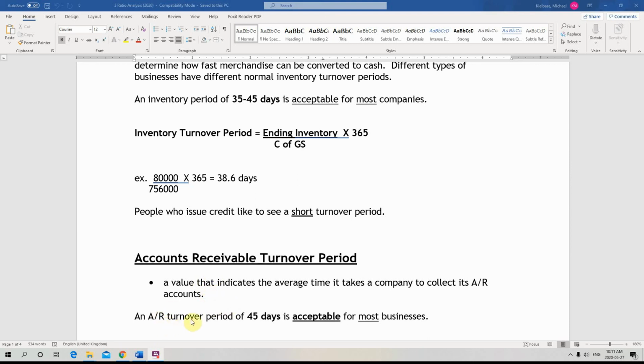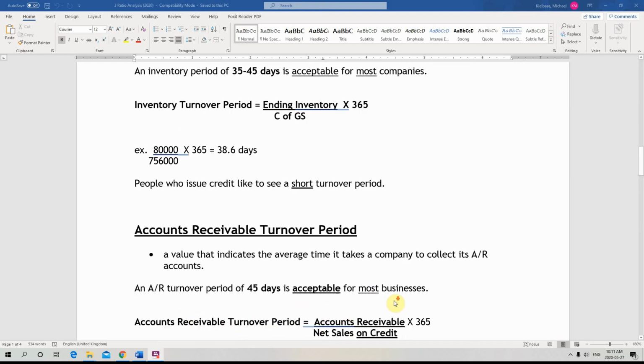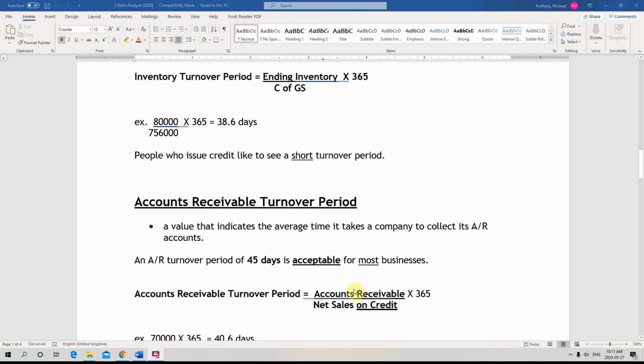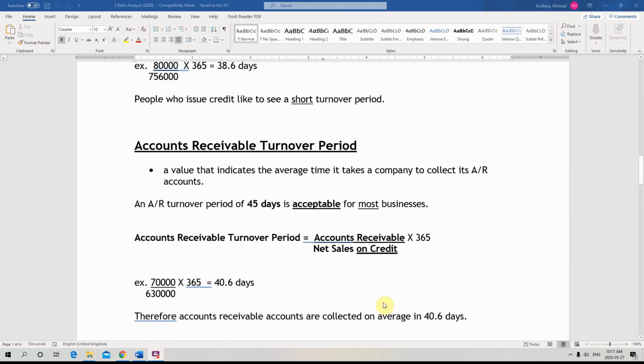So anything between or under 45 days is acceptable for most businesses. And this is how we calculate it: accounts receivable divided by net sales on credit. So that means only on account, right? Now, for most of the questions in the homework, you have to make the assumption that all sales are on credit.